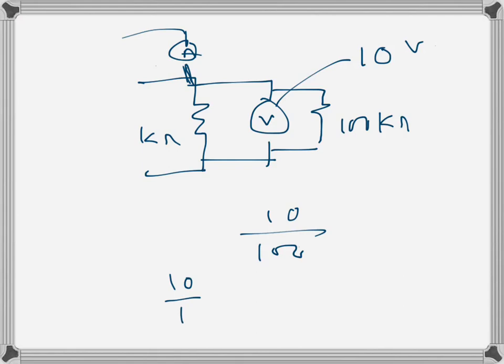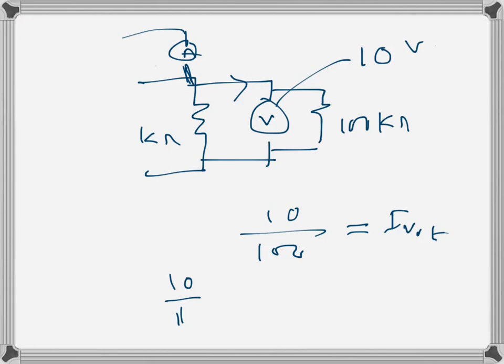So we can see the ratio will be the current drawn by the voltmeter, that will be 0.1, whereas this will be 10, if the voltage drop is 10 volts. So basically the difference is much smaller in this case.